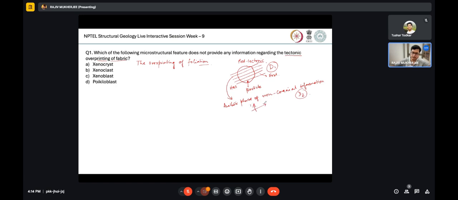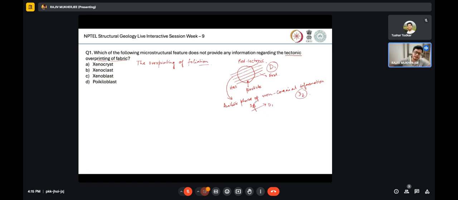So if this is D1, then definitely D2 would be perpendicular. So we are assuming that it is non-coaxial. That means there is a transaction between the two phases of deformation.